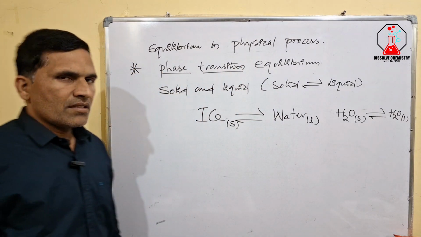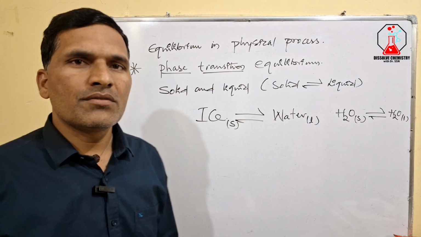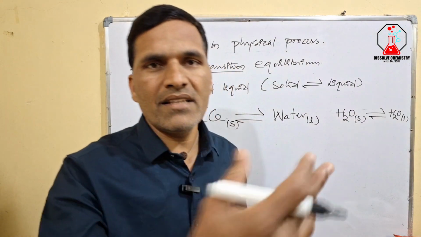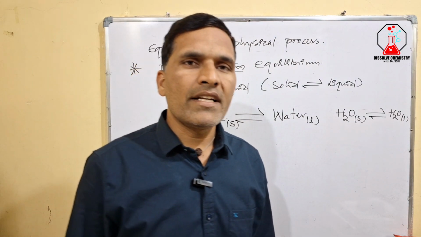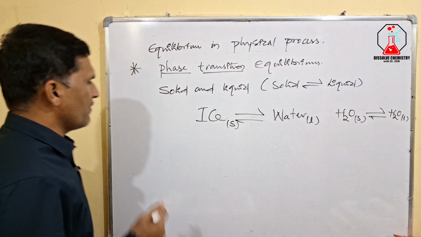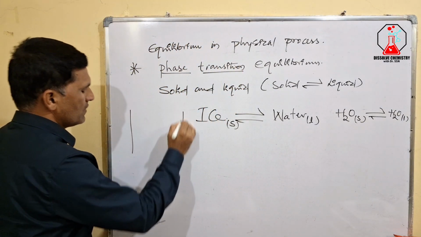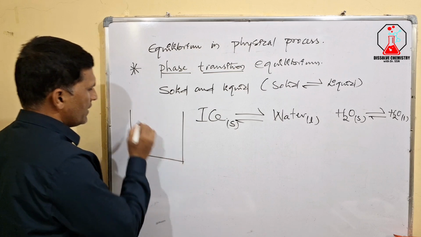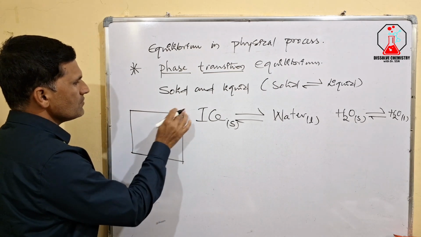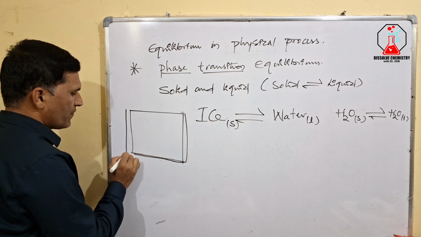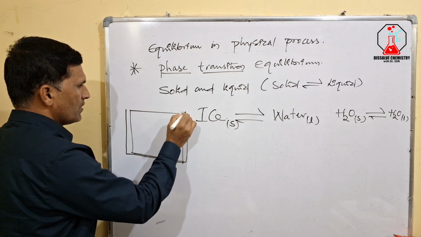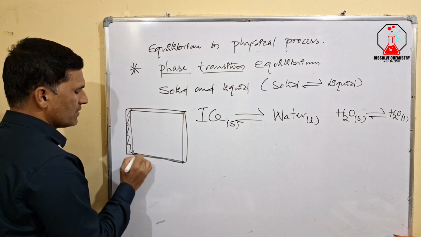Fine. So now, to visualize the equilibrium between water and ice, let us take a weighed amount of ice in an isolated container, like a thermos flask. You assume this as a thermos flask.